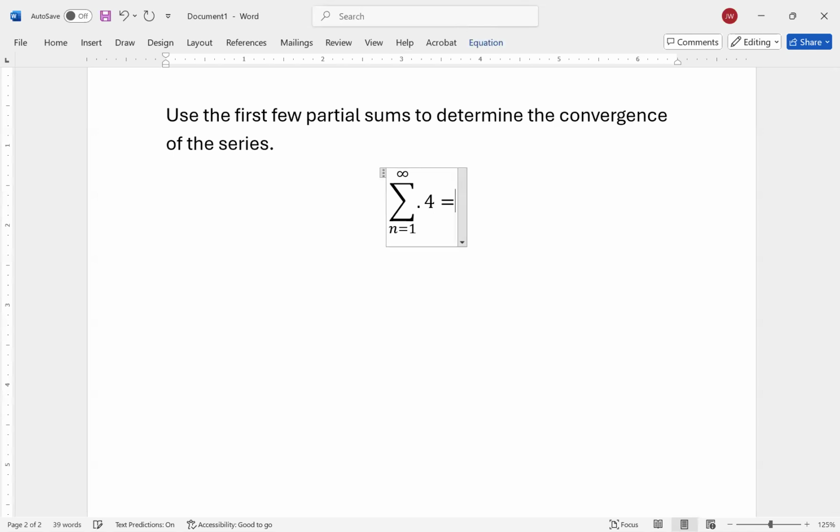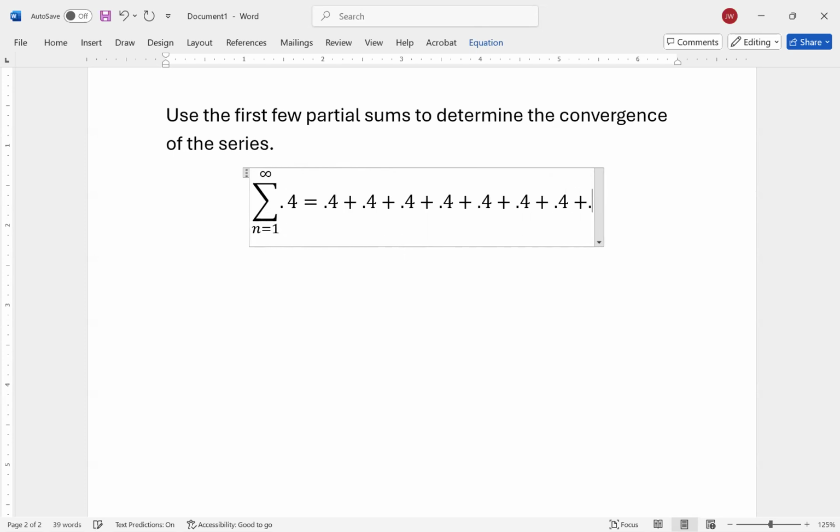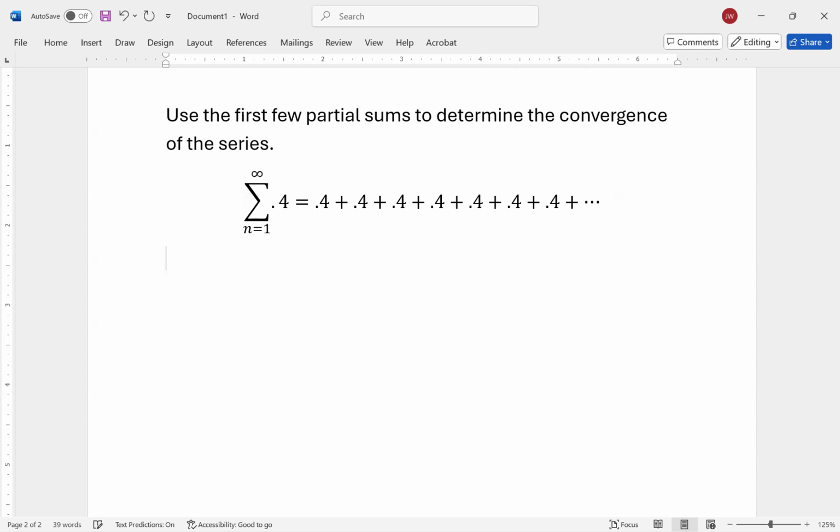Now, if I don't see any n going on here, what this means is I just take 0.4 for the first term, and the second term is also 0.4, and the third term is also 0.4, and the fourth term is also 0.4, and the fifth term is also 0.4, and so on and so forth. We're basically just adding up 0.4 infinitely many times.